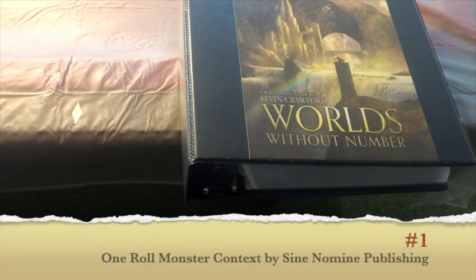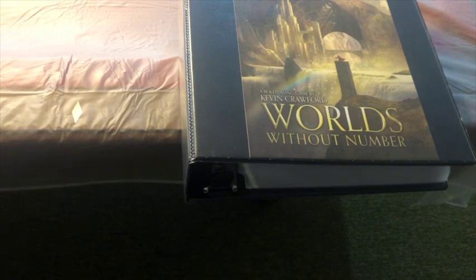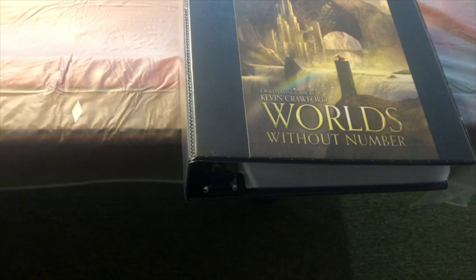All right, so this next tool is from another Kevin Crawford game. This is Worlds Without Number. This is the fantasy version of Stars Without Number, but it does add a lot on its own. And honestly, when it comes to Stars Without Number and Worlds Without Number, I could do an entire video on each of these games just about the different mechanics and tools that you can steal from them to add to your own game.